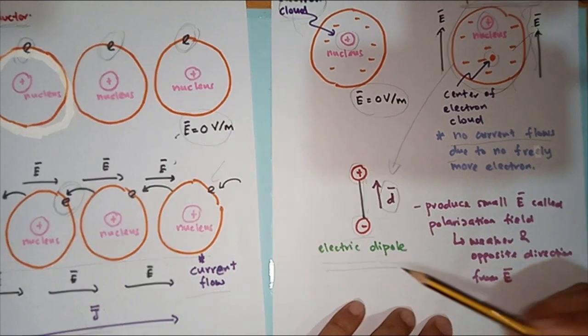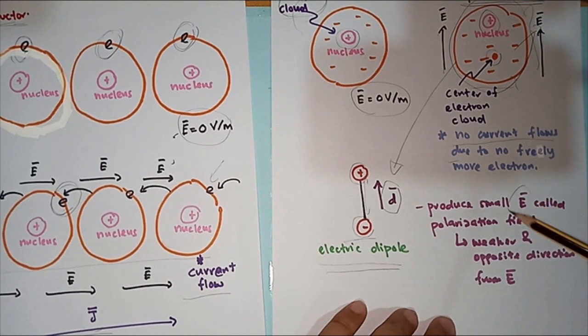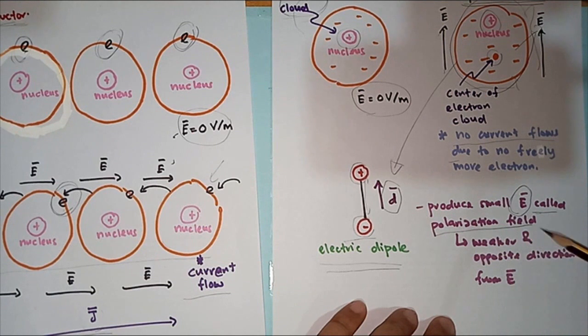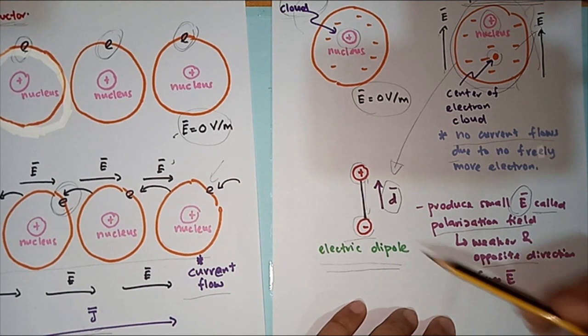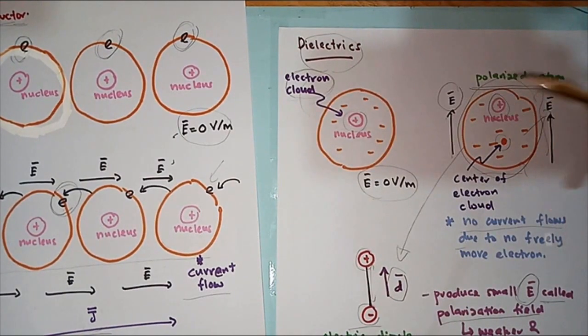During this electric dipole occurrence, it will produce a small electric field, and we call it a polarization field. This field is basically weaker and in the opposite direction compared to the electric field that we apply to that particular atom.